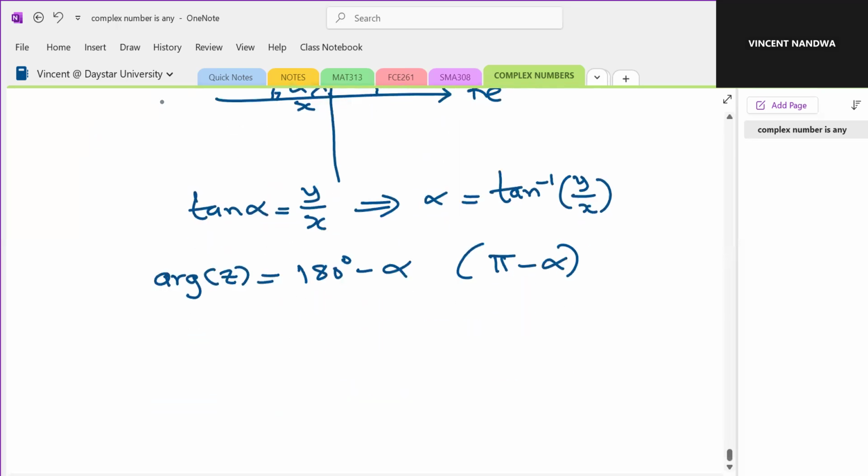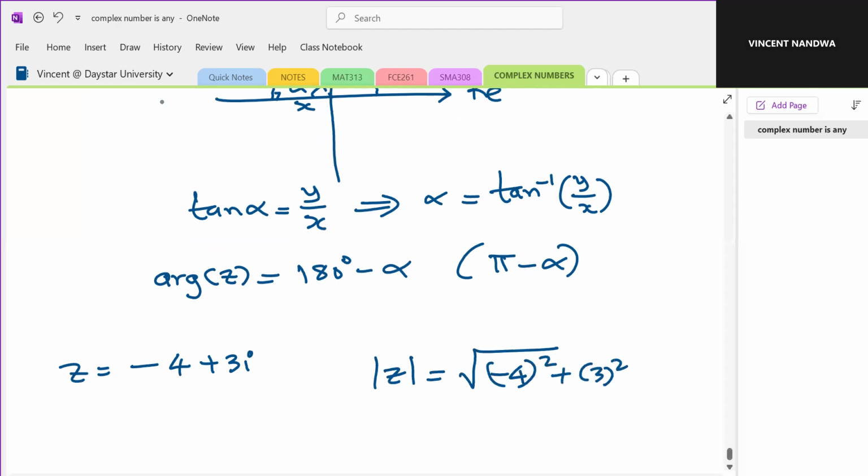So we can demonstrate with an example. For example, if we have a number Z given by -4 plus 3i. So here, if you are to get modulus of Z, it would be square root of -4 squared plus 3 squared. So this will give us square root of 16 plus 9, and this turns out to be 5.